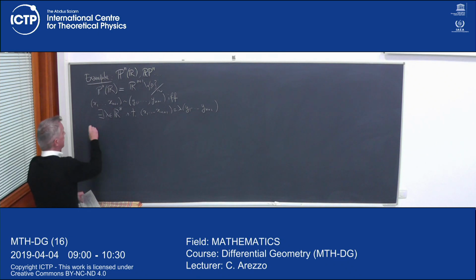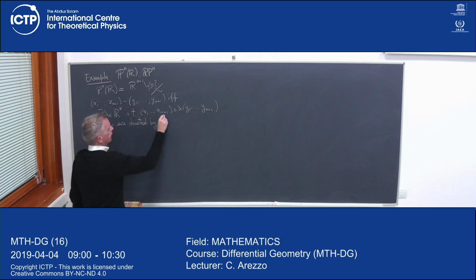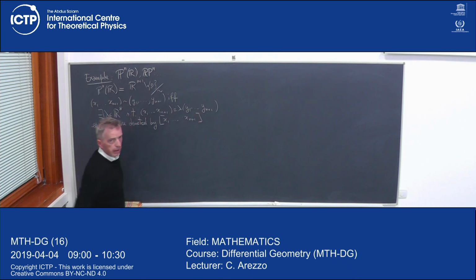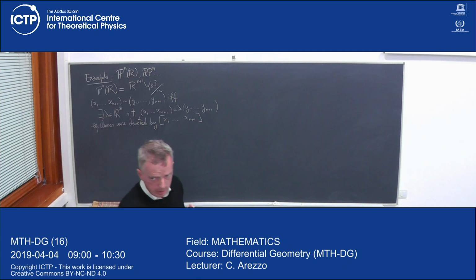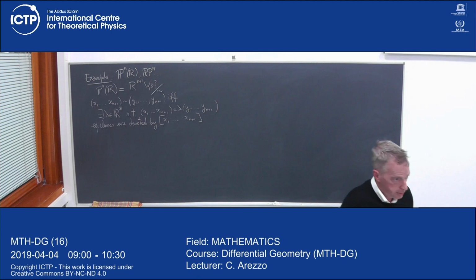So the equivalence classes are denoted by [x1, ..., x_{n+1}]. These numbers are usually called the homogeneous coordinates of the point.